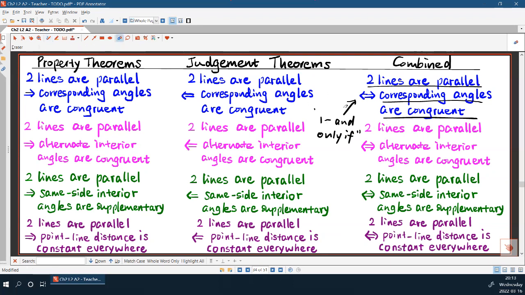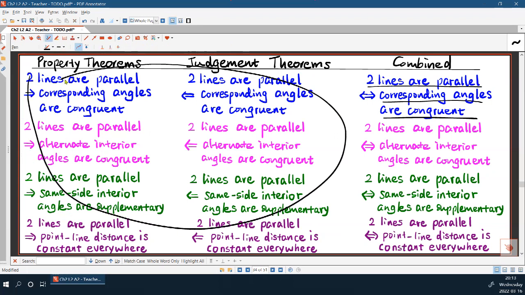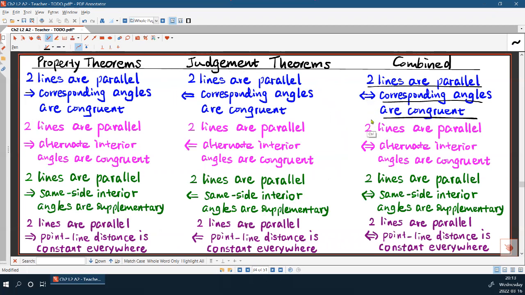Following the same logic, because we have proved each of the properties here, we can combine each pair of theorems into if and only if statements.